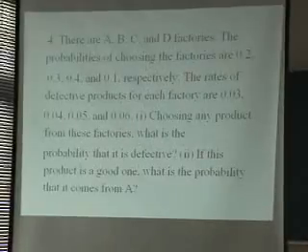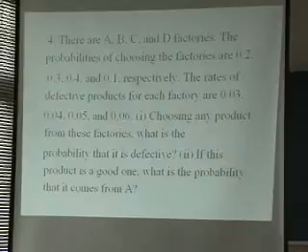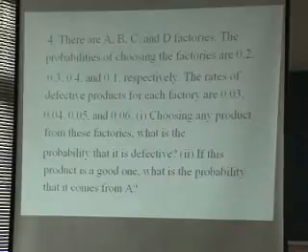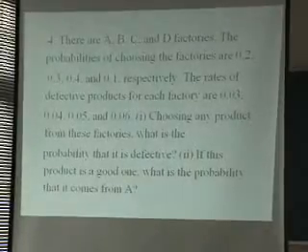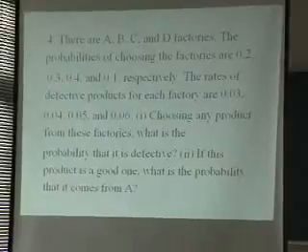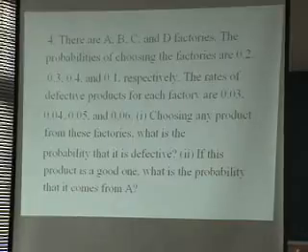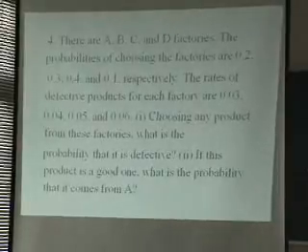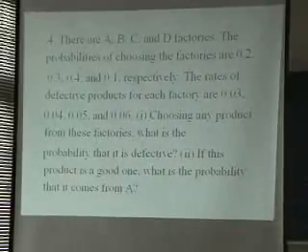Another question. We have four factories, A, B, C, D. The probabilities of choosing the factories are 0.2, 0.3, 0.4, and 0.1 respectively, and the defective rates for each factory are 0.03, 0.04, 0.05, 0.06. It is basically the same as the earlier question with factories A, B, C, chosen with probabilities 0.2, 0.3, 0.5 and the same kind of defective rates.